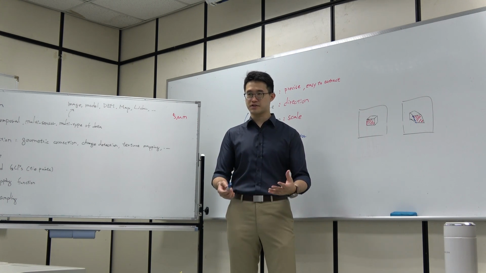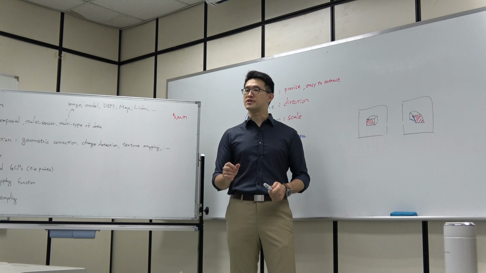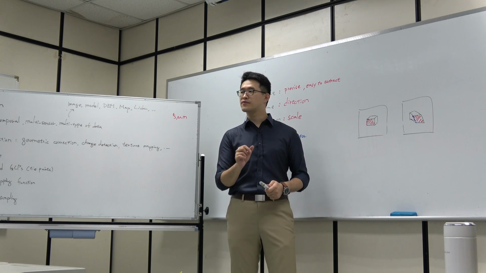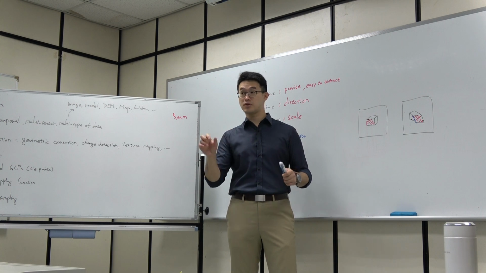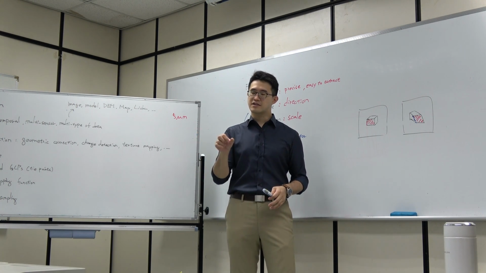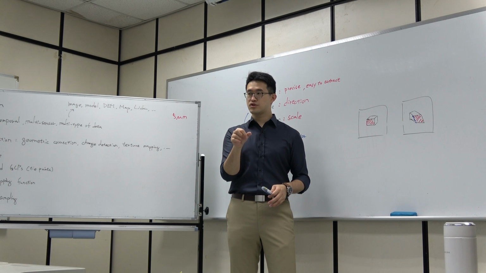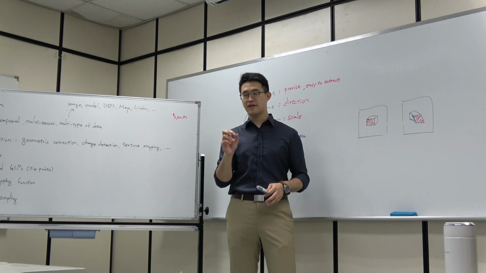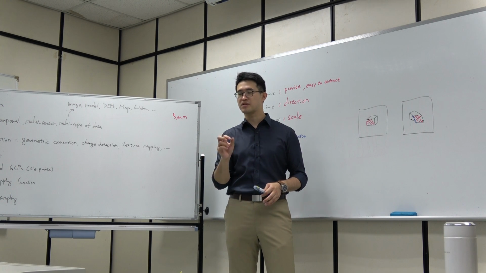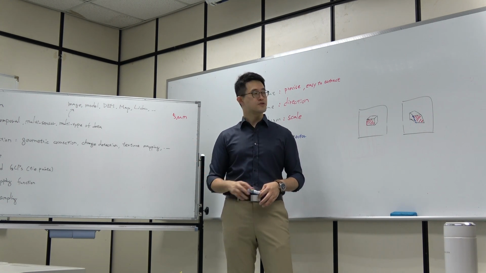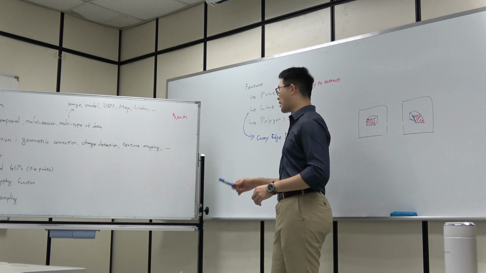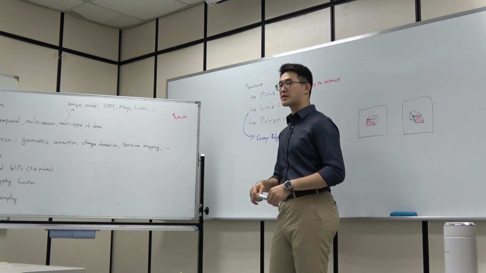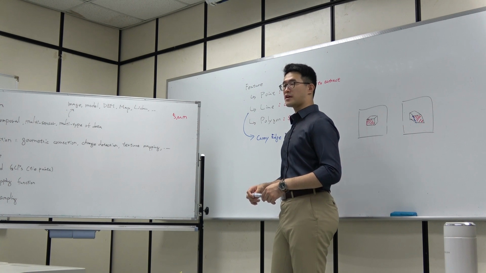If those weak feature pixels are connected to strong feature pixels, then they will be considered as a feature line. Okay, so that's the most important thing about the Canny edge detector. It gives the weak features a second chance.